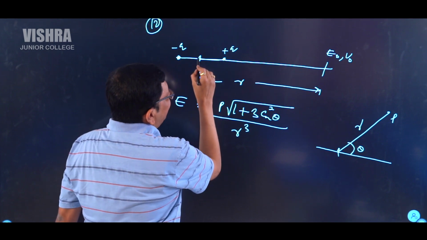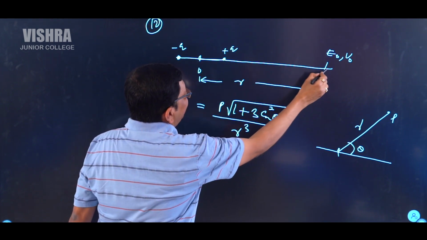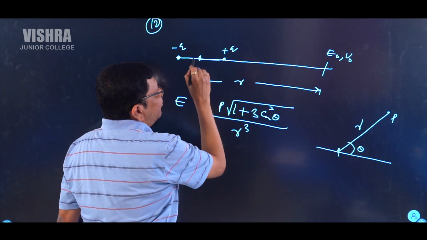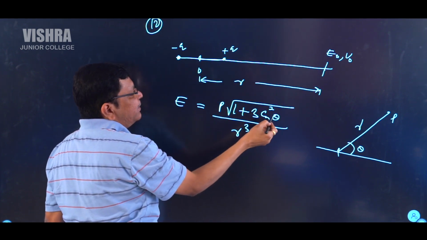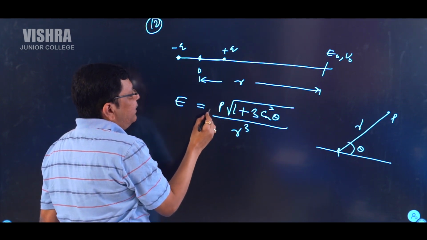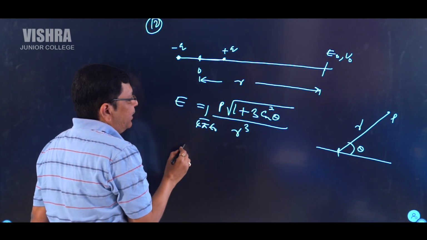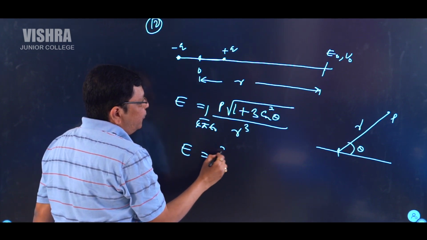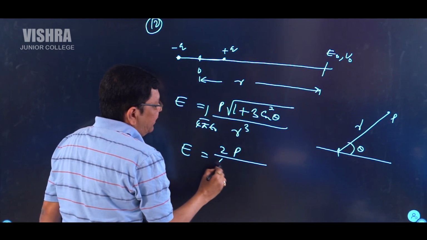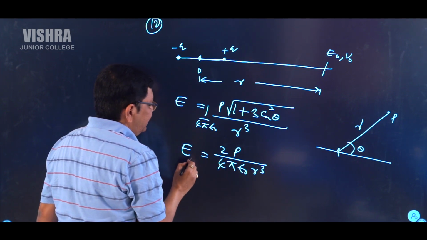In this case, both are coinciding, so theta is 0, cosine 0 is 1, and under root 4 is 2. Here 1 by 4 pi epsilon naught is the constant. So the electric field is 2P over 4 pi epsilon naught r cube. This is the electric field on the axial line at a distance r.